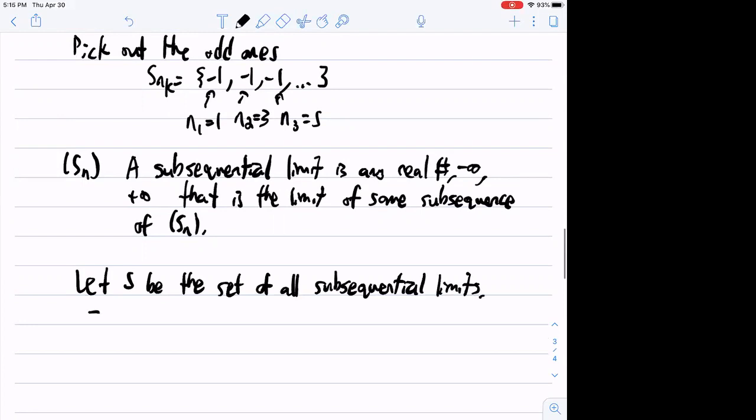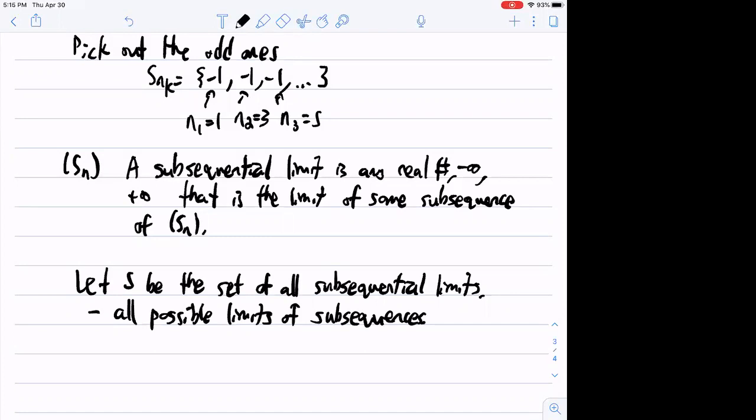So basically, this is what it means. All possible limits of all possible subsequences. So if I gave you Sn, consider any subsequence. If it converges to a limit, put it in the set, right? And it could be the subsequence doesn't converge to something.